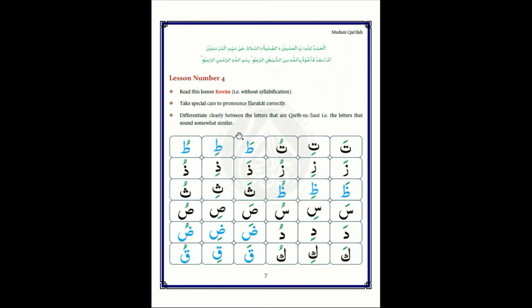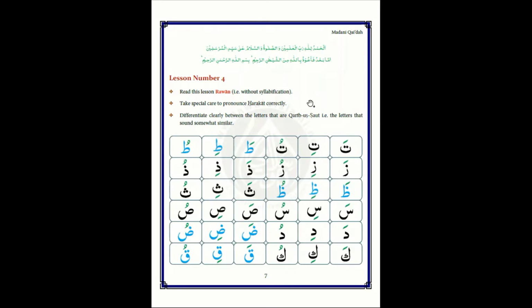For example, someone is not looking at the letter you are reciting, but through the voice they should be able to differentiate. For example, the first time you pronounce ta, and then the second time you pronounce to, so there should be a clear distinction.